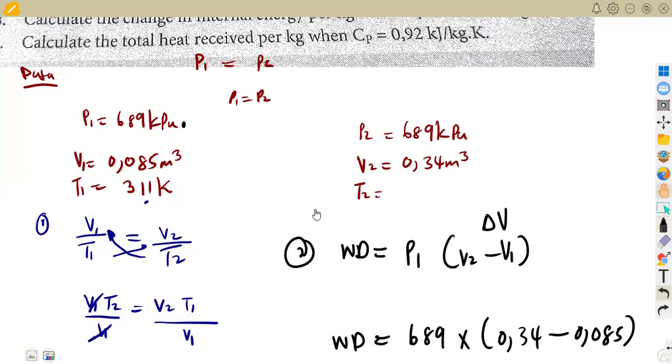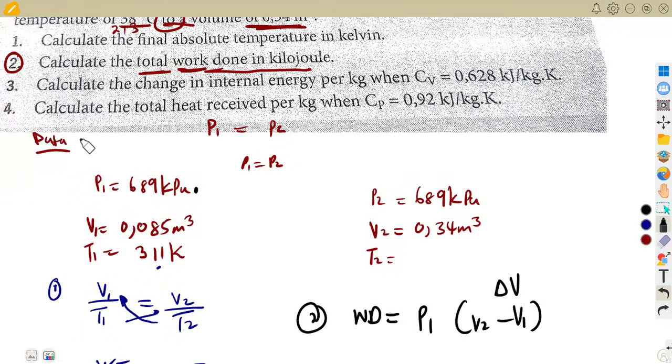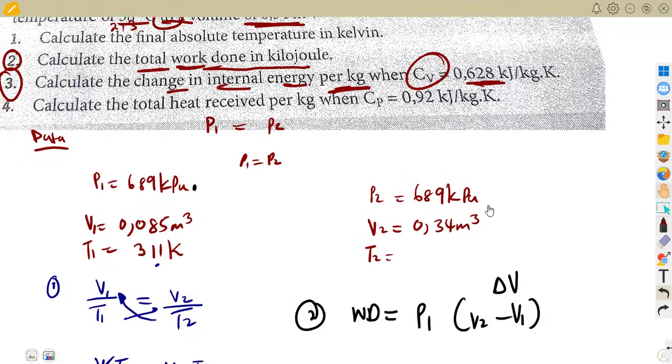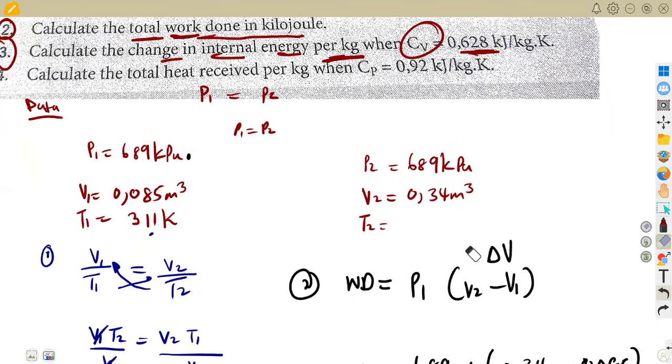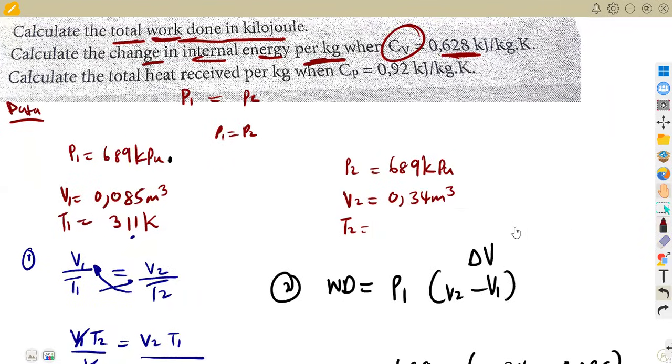Just like that. All the formulas, guys, I mentioned there. Then calculate the change in internal energy per kilogram, given CV, the specific heat capacity at constant volume. All right.